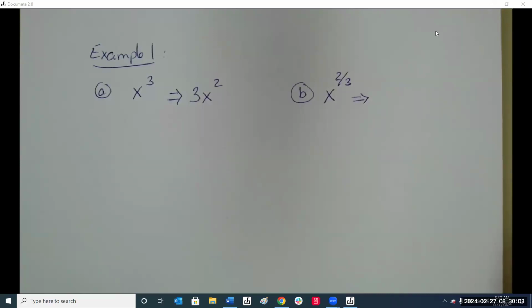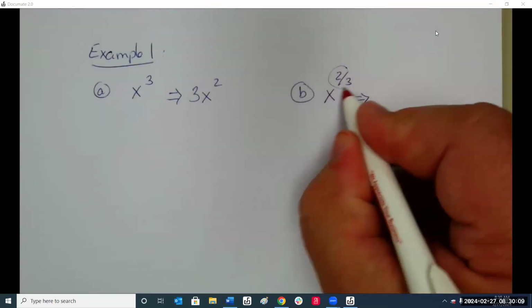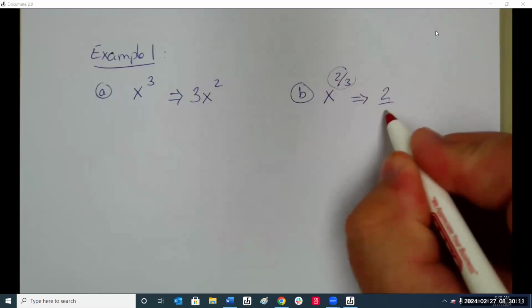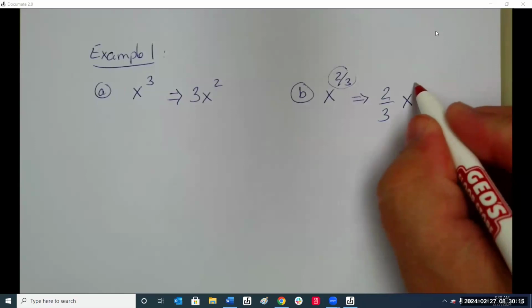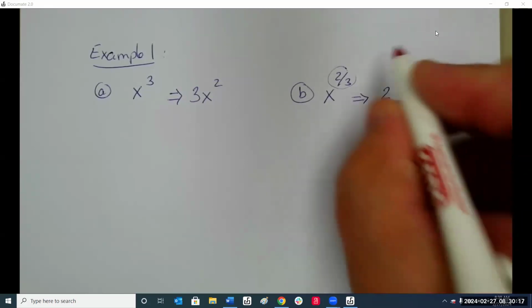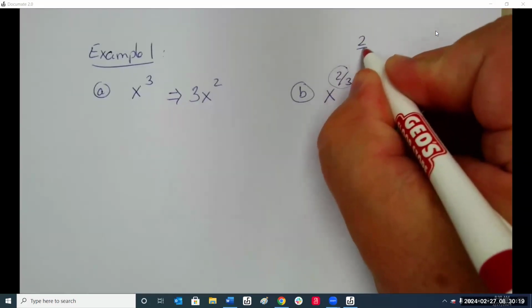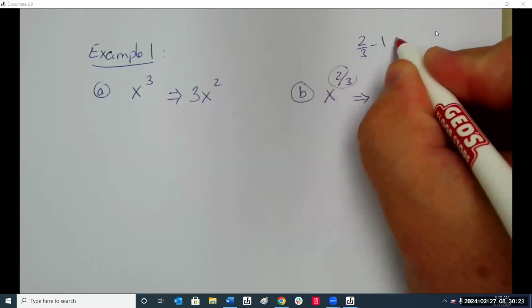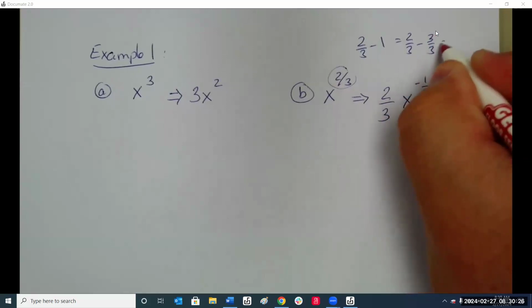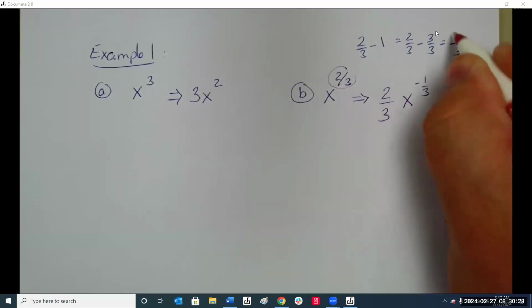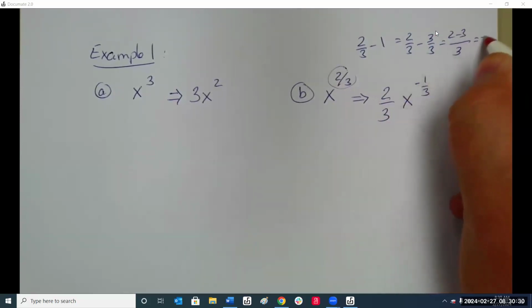What's the answer? Yeah, bring the power down. So it's 2/3 times x to the -1/3, because 2/3 minus 1 is 2/3 minus 3/3. 2 minus 3 is -1.